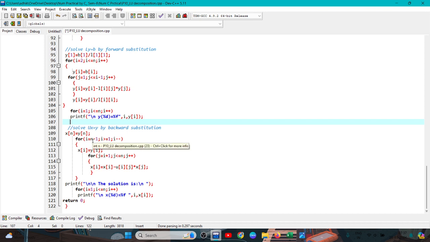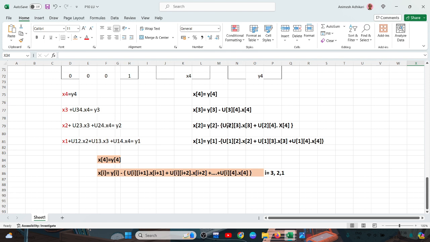Next, for the i loop, i equal to n minus 1, xi equal to yi. So n equal to 4, and for i equal to 3, x3 equal to y3 minus u34 into x4.